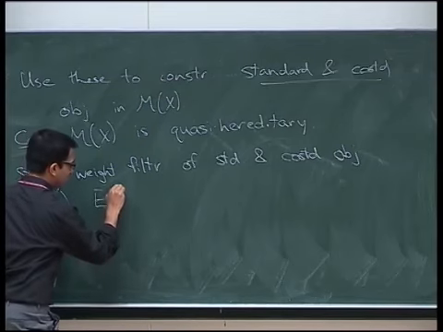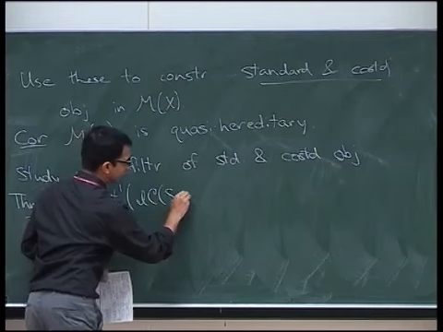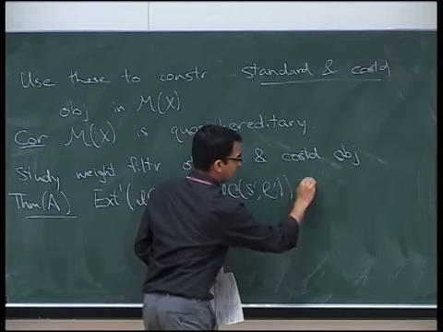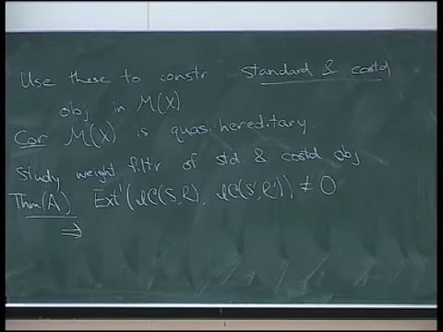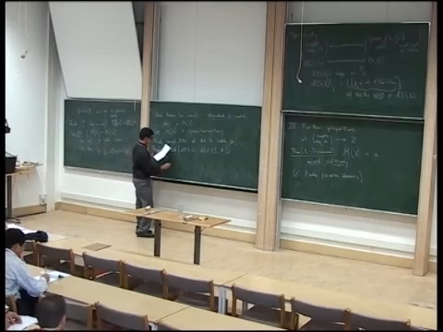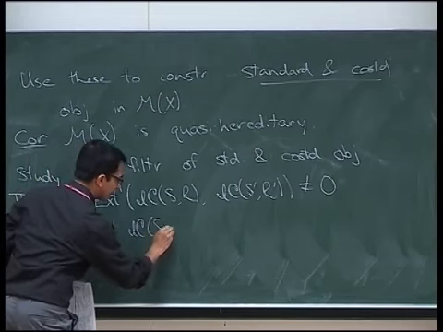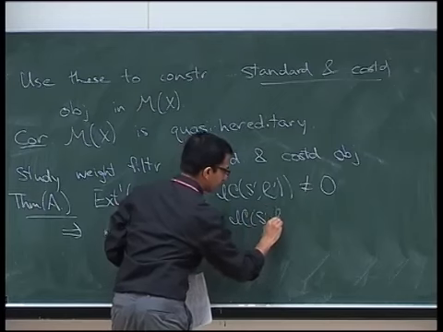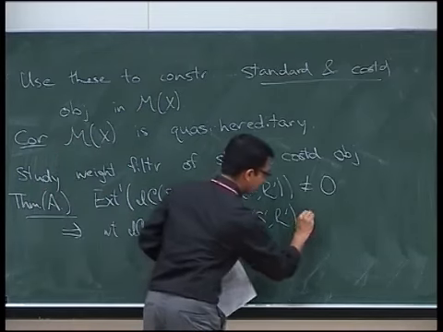Ext^1 of IC(S, L) to IC(S', L') can be non-zero only if the weights of those two simple objects differ by exactly 1. Well, we already knew that the weight of IC(S', L') had to be strictly bigger than the weight of IC(S, L).